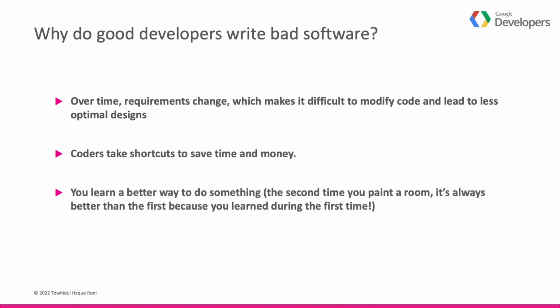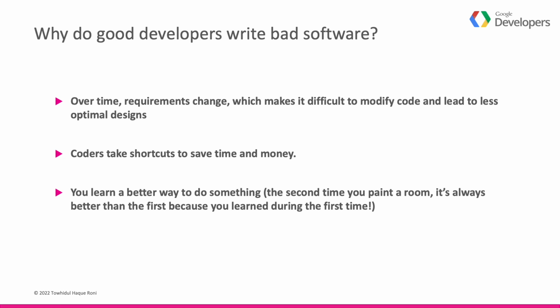Lastly, learning is an ongoing process, and developers often discover better ways of doing things as they gain experience. Just like painting a room, the second time is often better than the first because lessons are learned along the way.